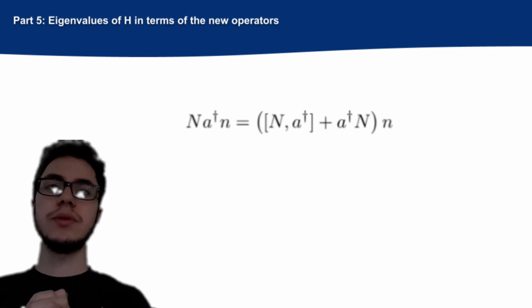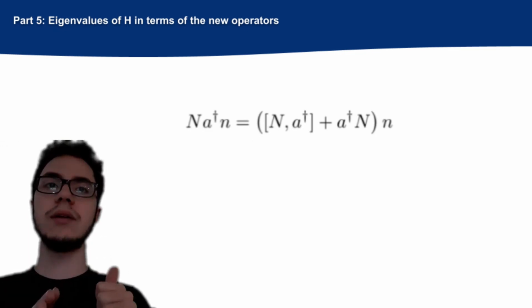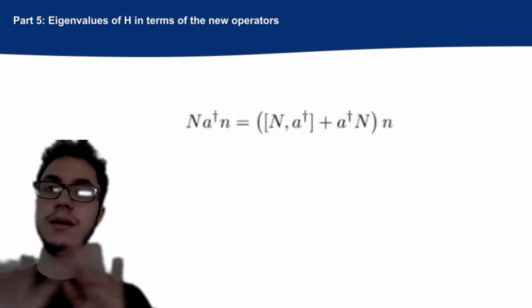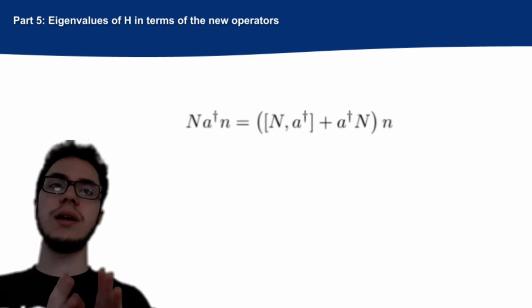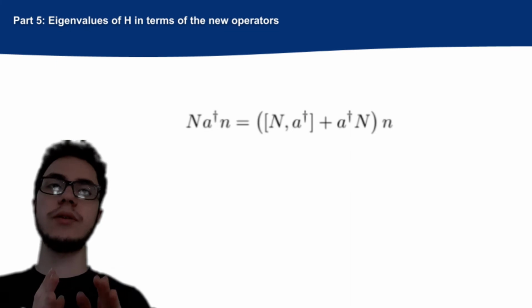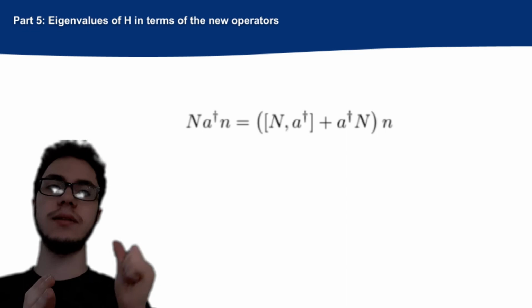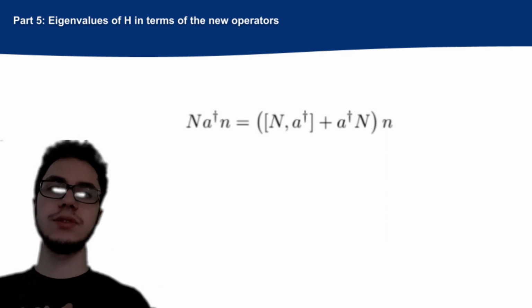It is important to remark that this equation remains correct if we replace the creation operator by any other operator. The deduction of this equation is very important to finally arrive at the mathematical meaning of the definitions of the creation and annihilation operators.